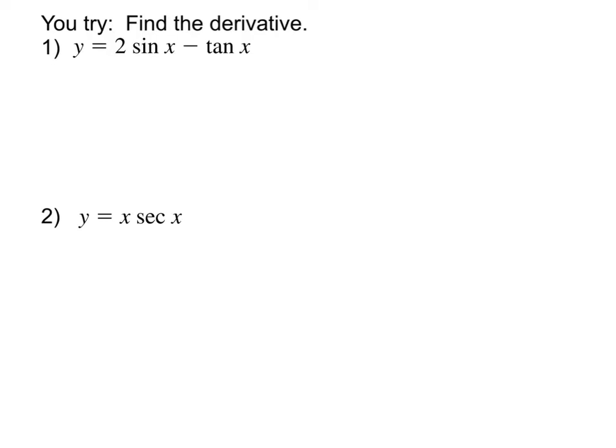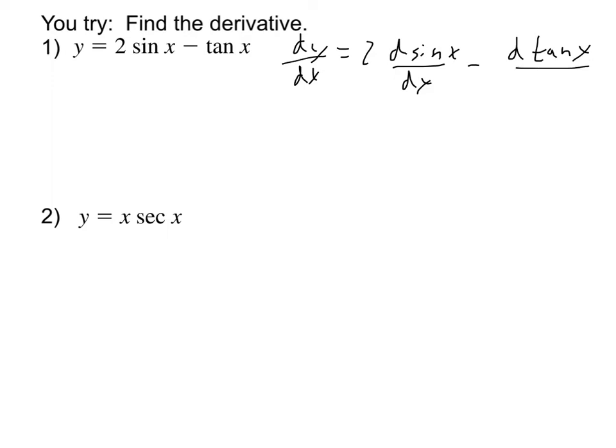Okay, so dy dx is equal to, we can ignore that 2 and just put it in front, 2 times d sine of x dx minus the derivative of tangent of x in terms of x.